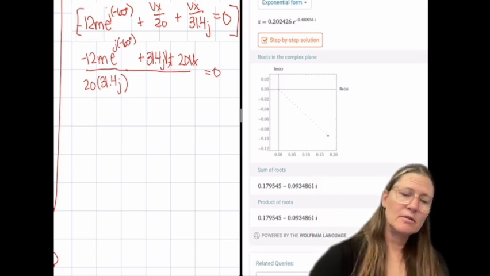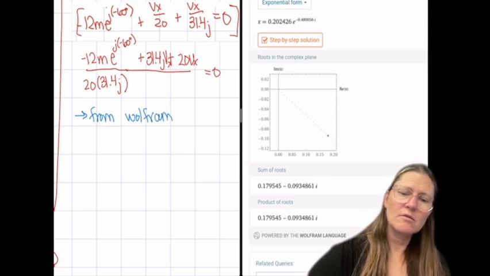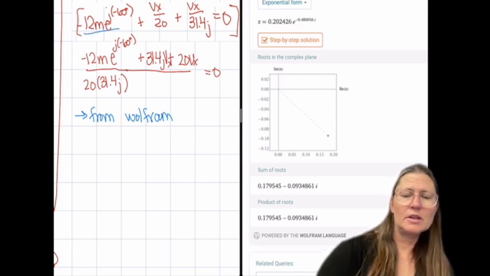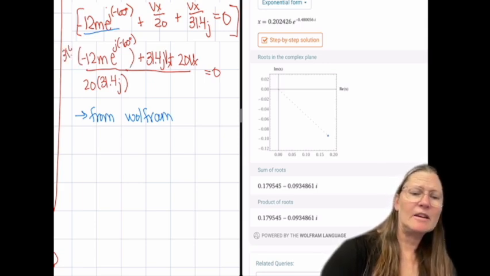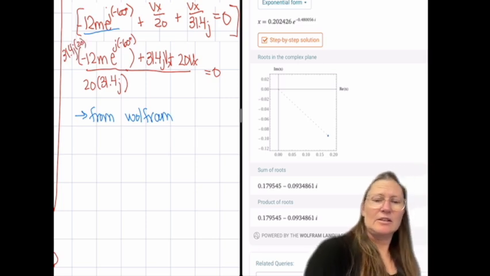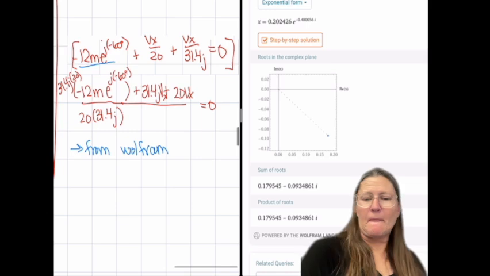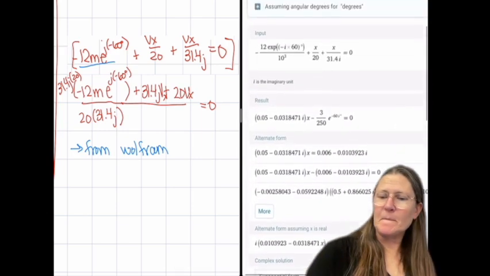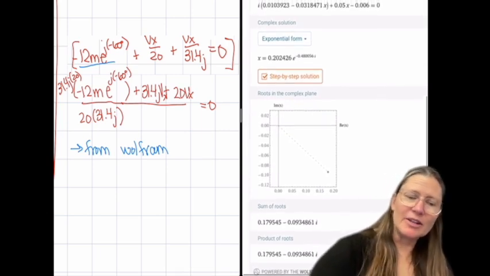So in exponential form, this Vx then is, yes. When you combine the terms, do you also have to multiply the minus 12 milli j term by 20 and 31.4? Yeah. Thanks for catching that.